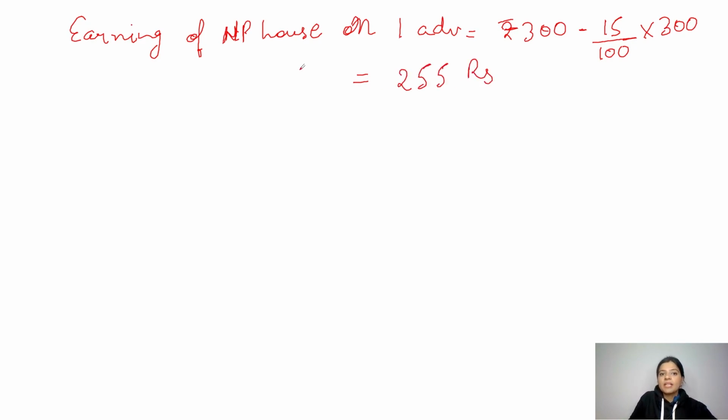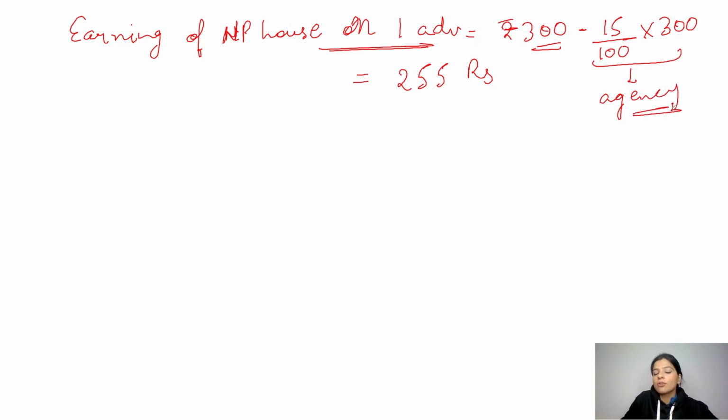It means on printing one advertisement, what comes in the hand of the newspaper house is only 255 rupees and not 300, because this part has gone to the advertising agency. So for rupees 255, the company is able to print one advertisement.